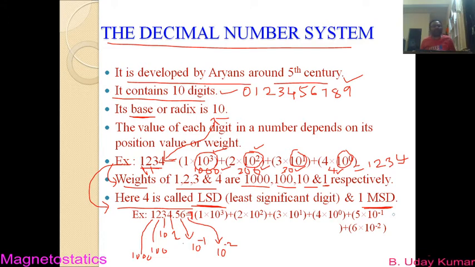So whatever the weight of a decimal number digit, it can be represented in terms of 10 powers. The coefficient 1 is 10 power 0, this is 10 itself, this is 100, which is 10 square, and 1000 can be written as 10 cube, and so on.